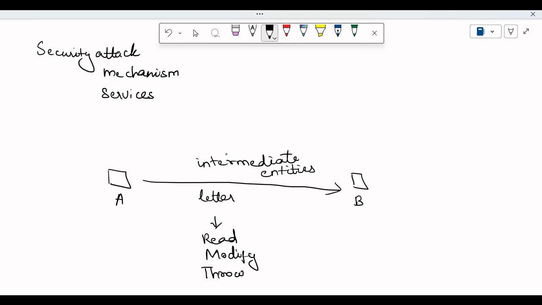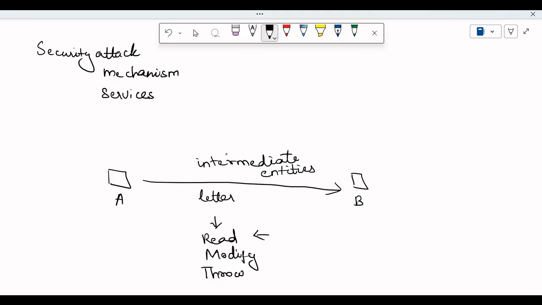When we look into these types of attack, which attack can be easily identified and which can't be identified? Of course, the reading attack cannot be identified because that person is reading the content and just transferring the letter to the end person. Whereas in these two cases, modify and throw, some changes are made to the letter.